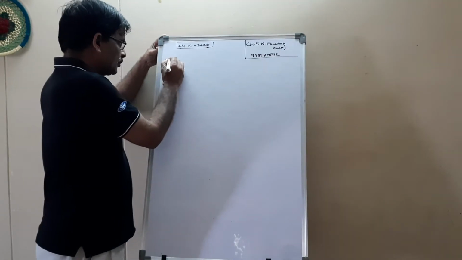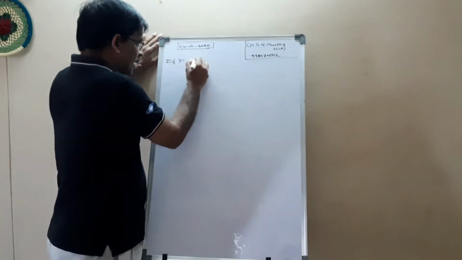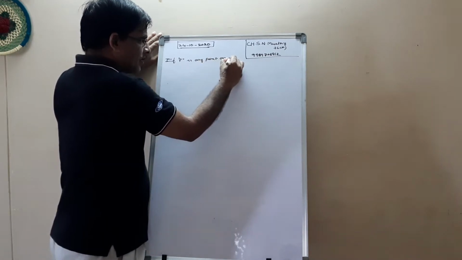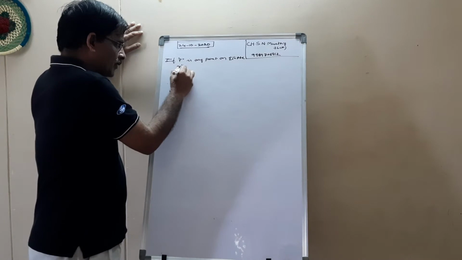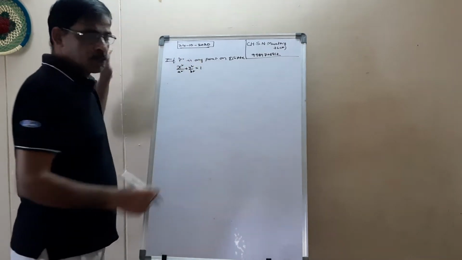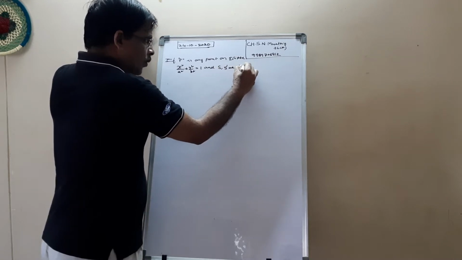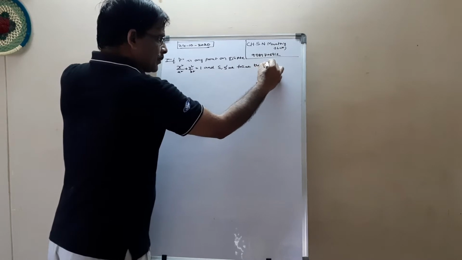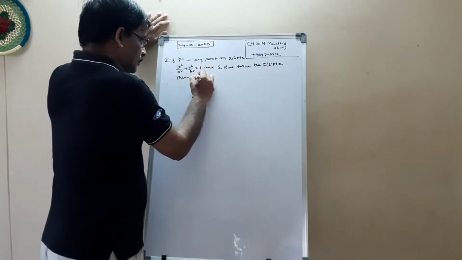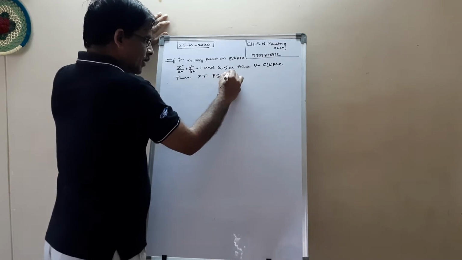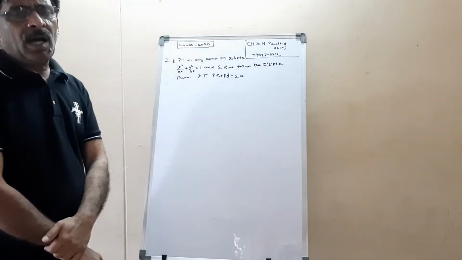If P is any point on the ellipse, where the ellipse is given by the equation x square by a square plus y square by b square equal to 1, and S and S dash are the foci of the ellipse, then prove that PS plus PS dash equal to 2a, a constant.